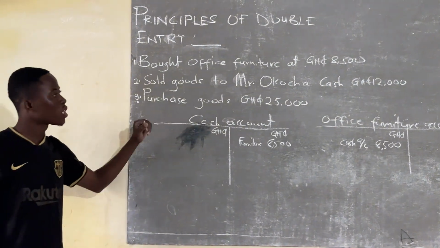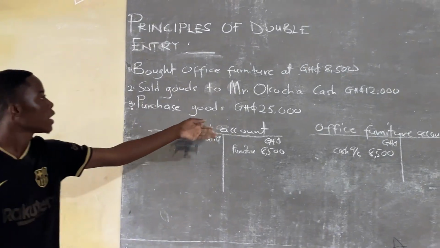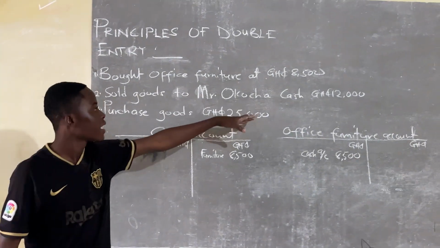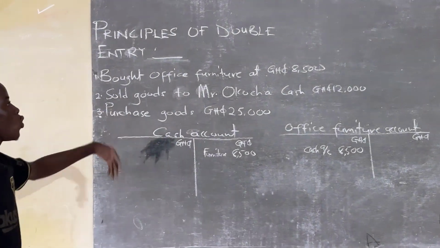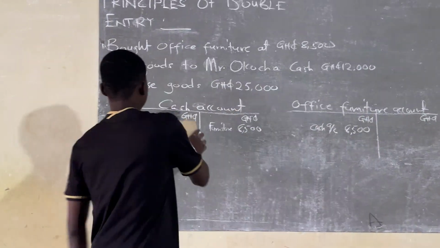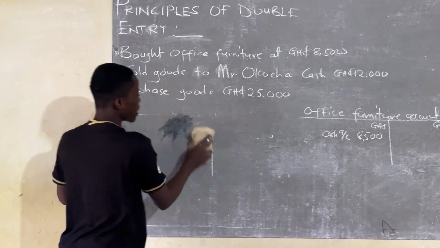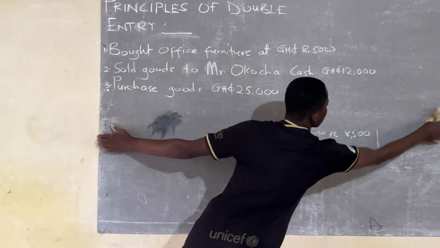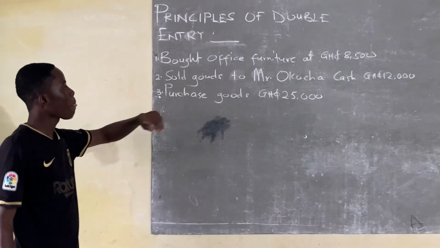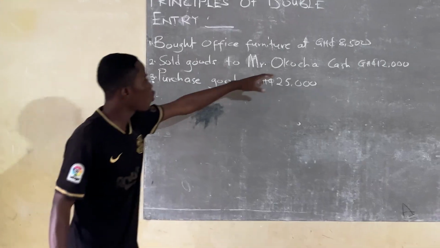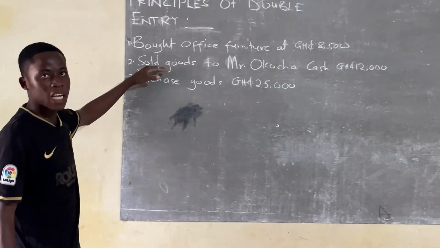Moving on to the second transaction, we said sold goods to Mr. Okocha, cash 12,000 Ghana cedis. So when we sell goods to a customer, it also affects two books in the transaction, which we have: Mr. Okocha and the sales account.